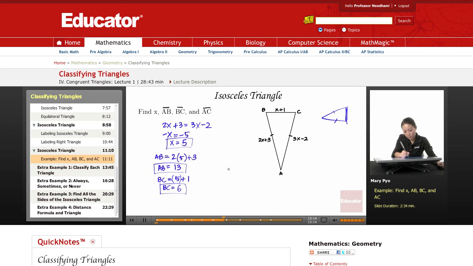And then AC, 3 times 5 minus 2, so that's 15 minus 2 is 13. And that's everything. Okay, so again, if you have an isosceles triangle, they want you to solve for x, then you can just say that since these two sides are congruent, you can make these two congruent.